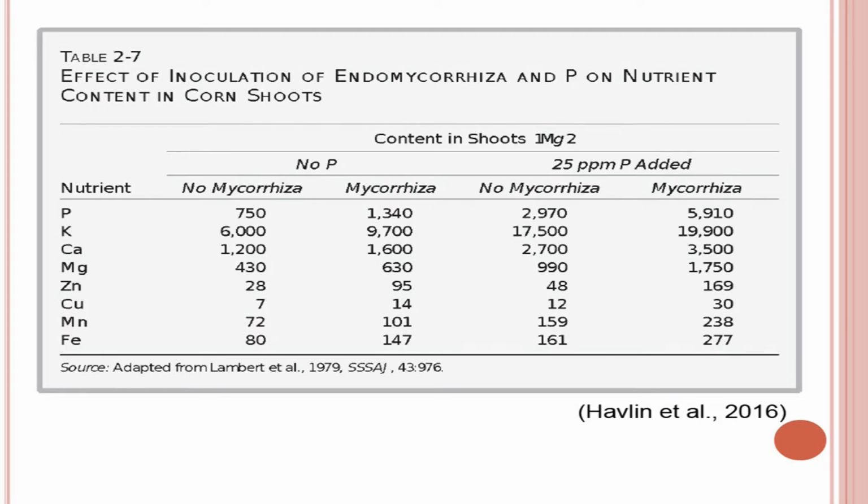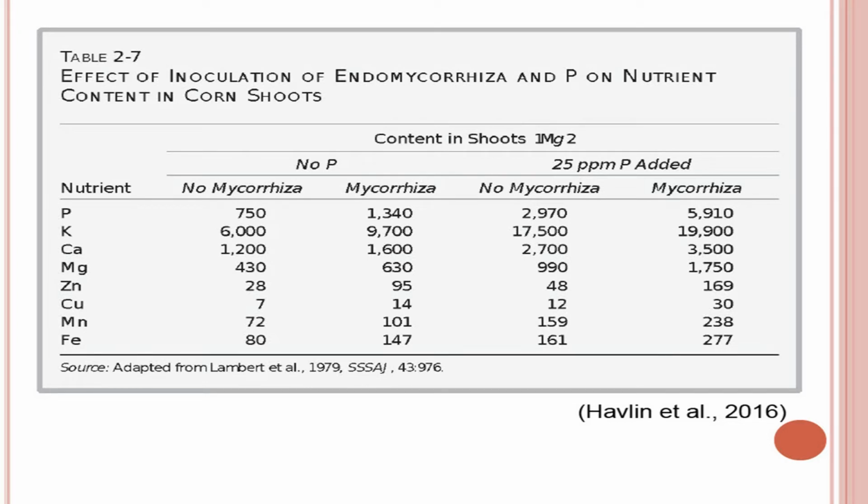So you can see this data, very interesting. Effect of inoculation of endomycorrhiza and phosphorus on nutrient content in corn shoots. Corn, commonly we call the maize plant. So this is in maize plant, content in shoot, and you see there are two cases. In one case there was no fertilizer application. You can see in the second row, no P, means phosphorus was not used.